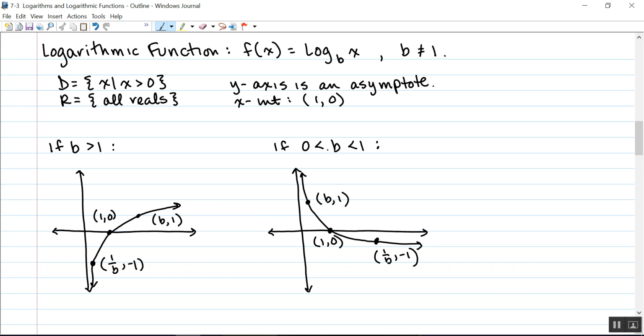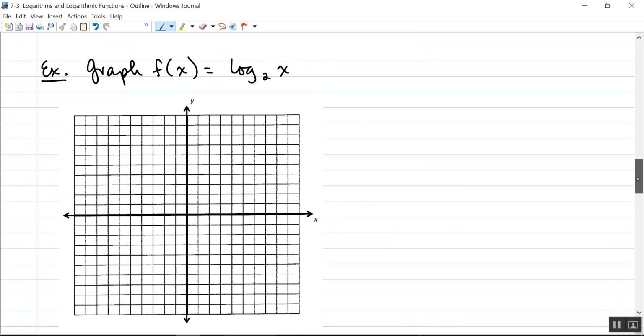If b is a number between 0 and 1, then as x approaches 0, y approaches positive infinity, and as x approaches positive infinity, y approaches negative infinity. Notice I have very similar points as on my exponential function that take into account what b is: 1 over b comma negative 1, 1 comma 0, my x-intercept, b comma 1, and similar points for this graph. Let's take a look at a couple basic examples.